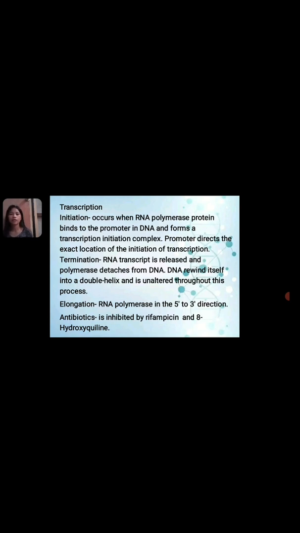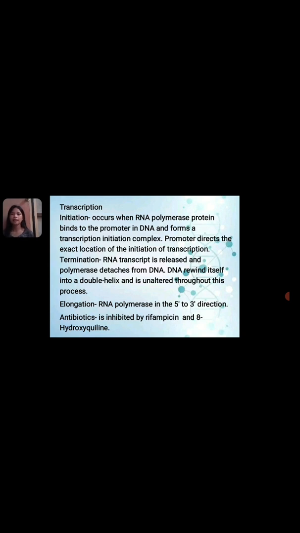So, during elongation in transcription, the RNA polymerase, after the initial abortive attempts, traverses the template strand of DNA in the 3 to 5 direction, producing a complementary RNA strand in the 5 to 3 direction. As the RNA polymerase advances, the DNA strand that has been transcribed rewinds to form a double helix.